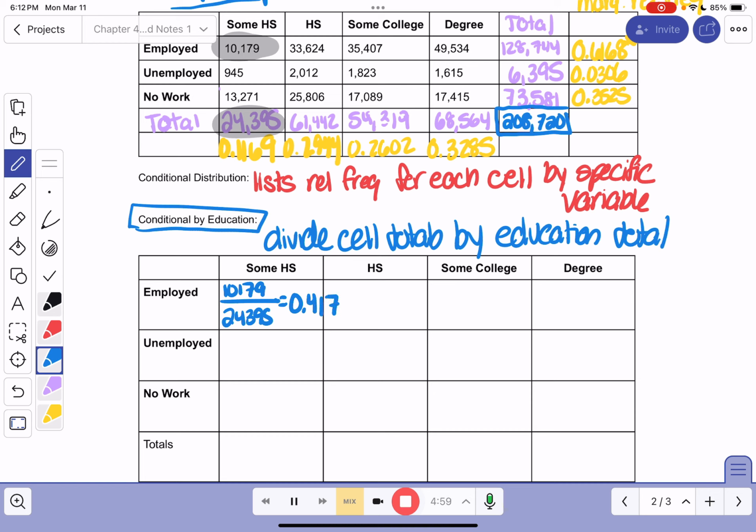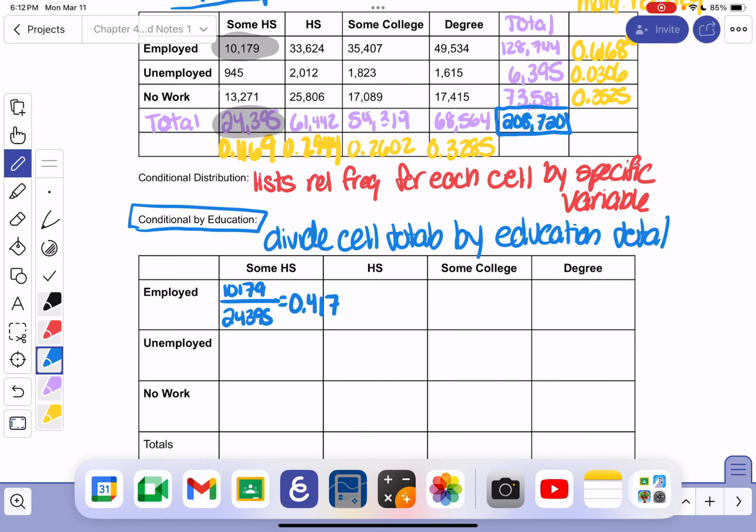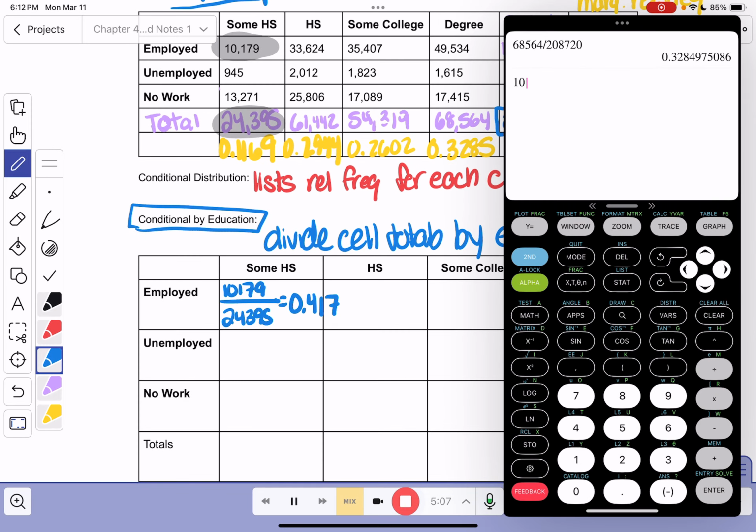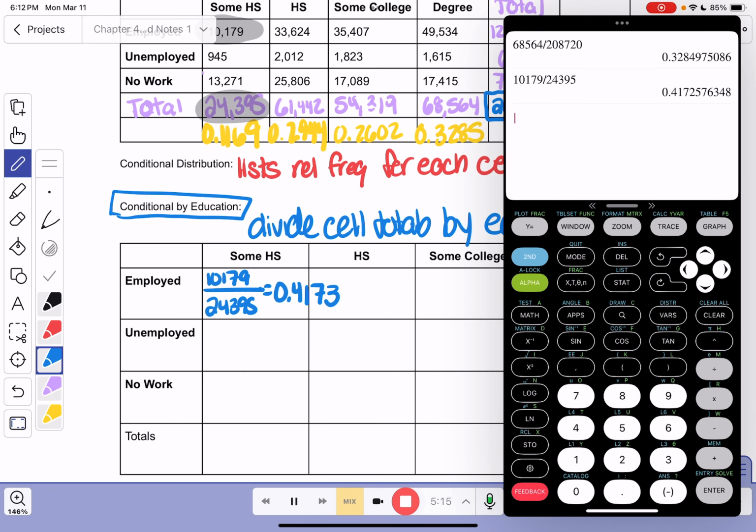And I didn't go to the 4 decimal places, but there we go. So 0.417. Let me get the fourth one. 10,179 divided by 24,395. And then for this box, we would do 9,945 divided by 24,395.